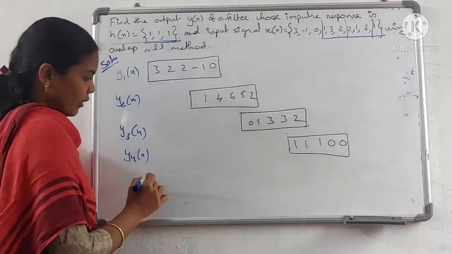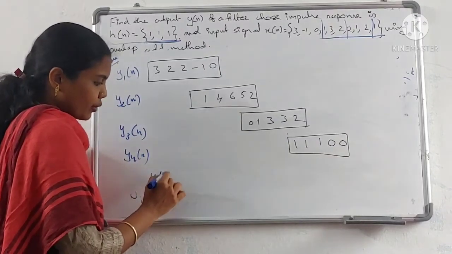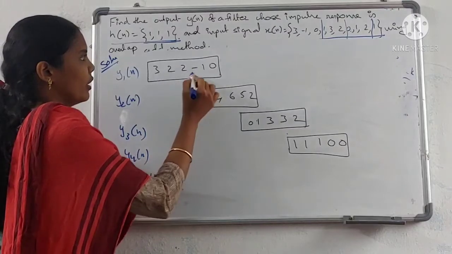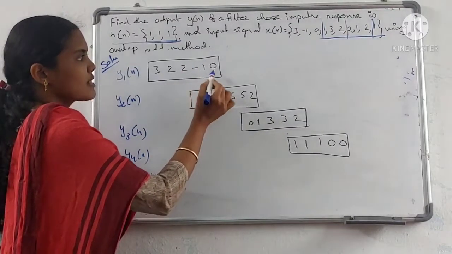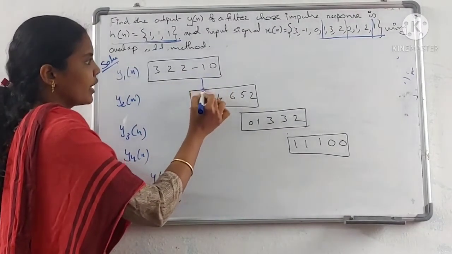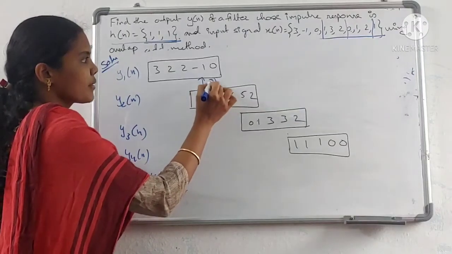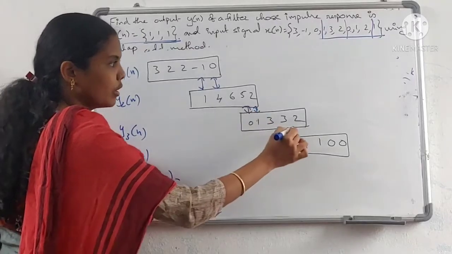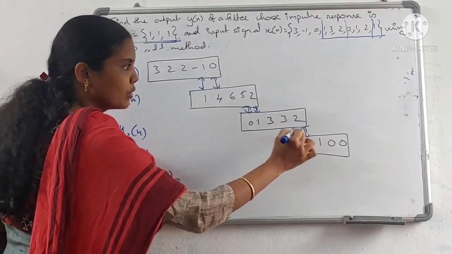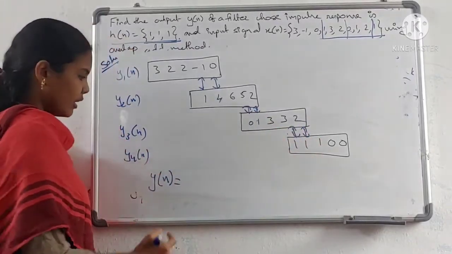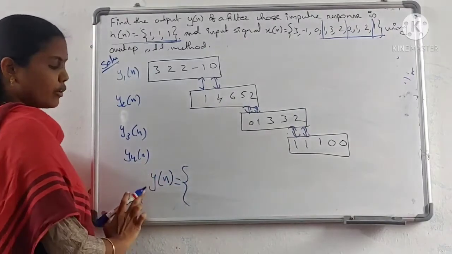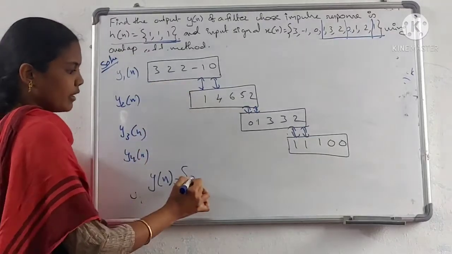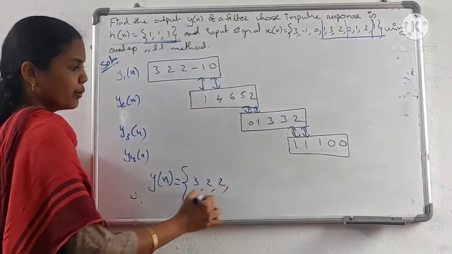Now I am finding the total output y of n. Consider the last 2 bits, these 2 bits, again these 2 and these 2. To find y of n, the first 3 bits are 3, 2, 2.